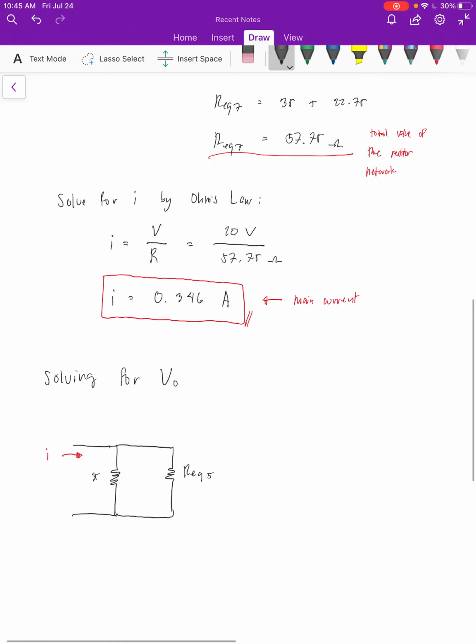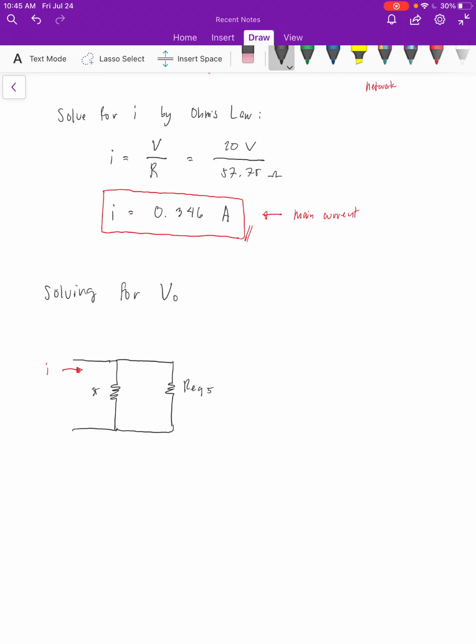So what we can do next is a current division formula in this re-expanded circuit resistor network.